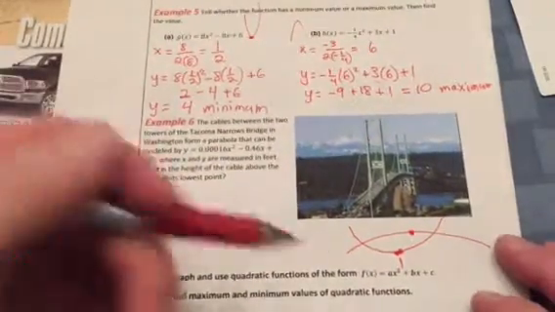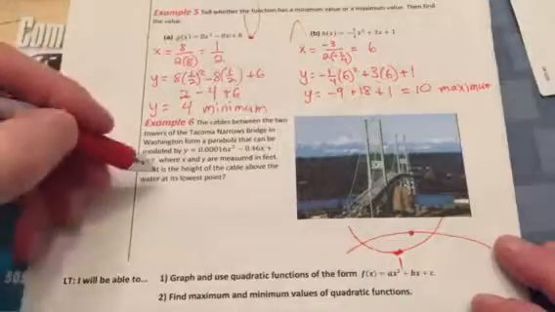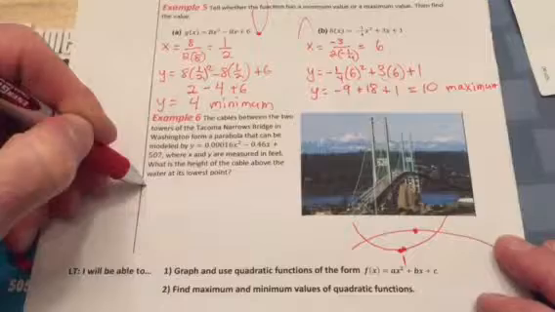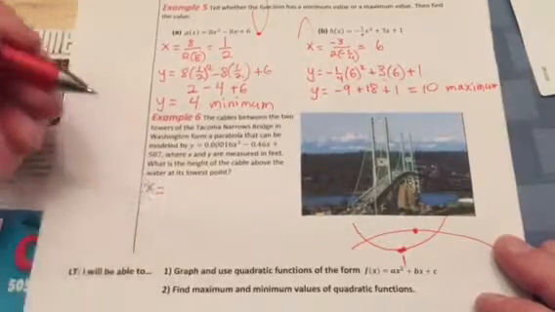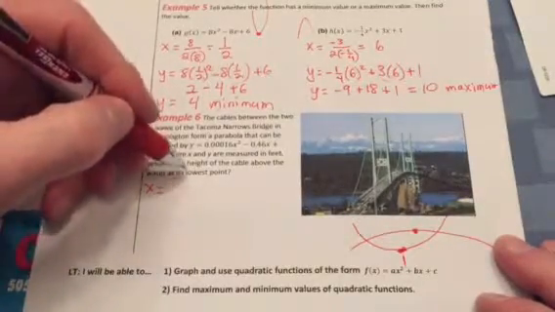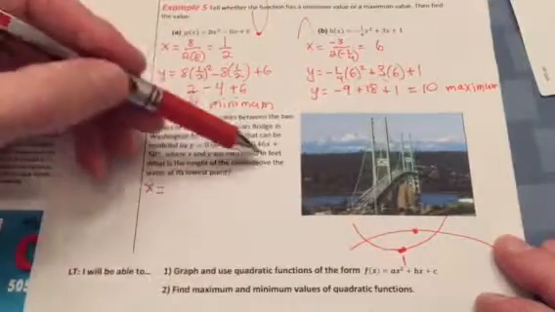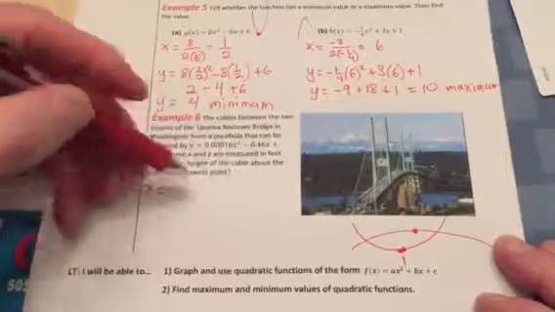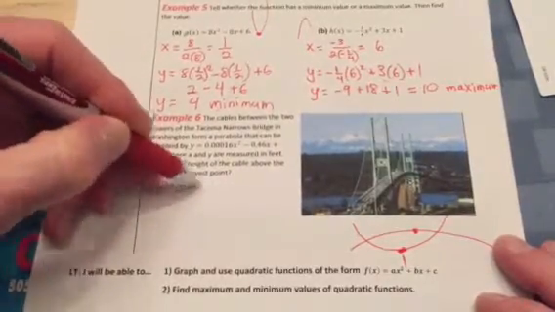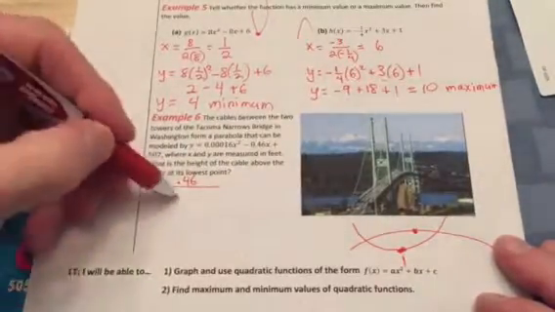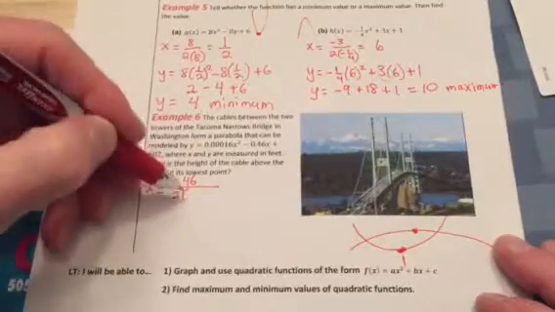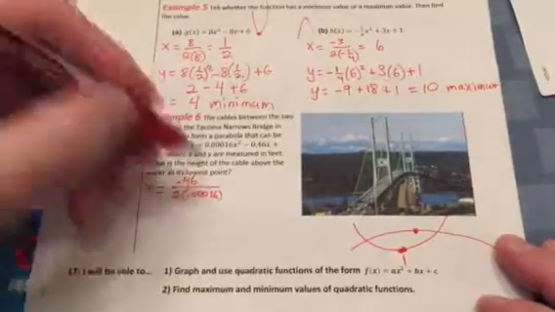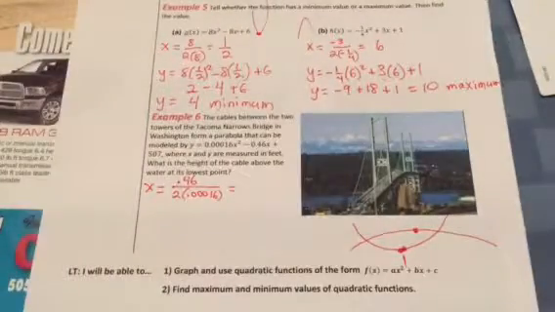Okay, but guess what? We get to use the opposite of b over 2a again. So in this case, x is going to be, now the opposite of this b, here's the b, this is a, and this is b. The opposite of this is 0.46. And 2 times a is 2 times 0.00016, like that.